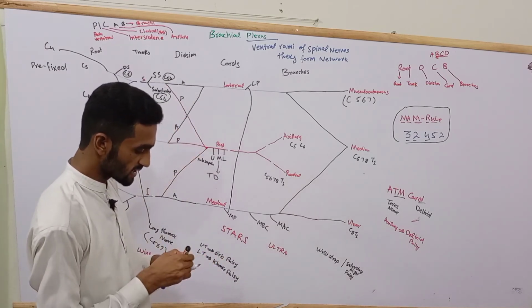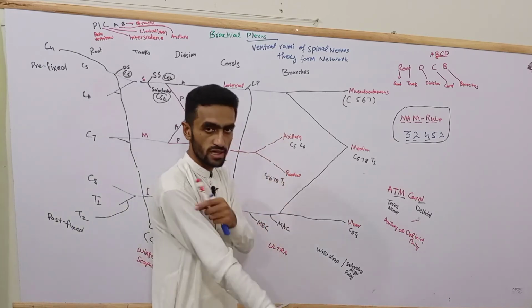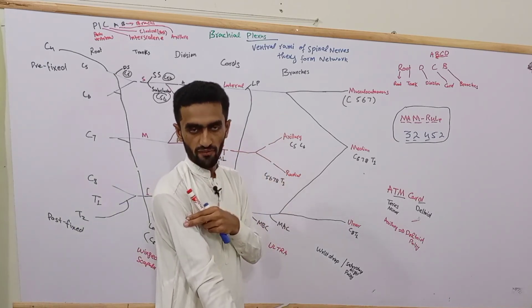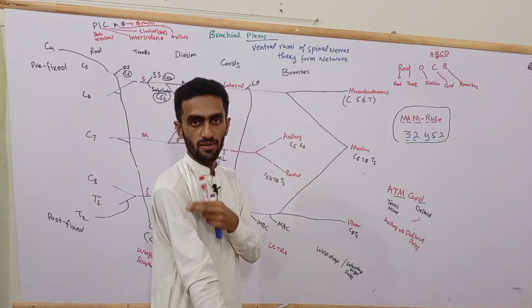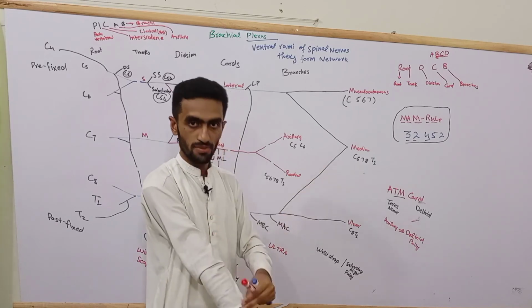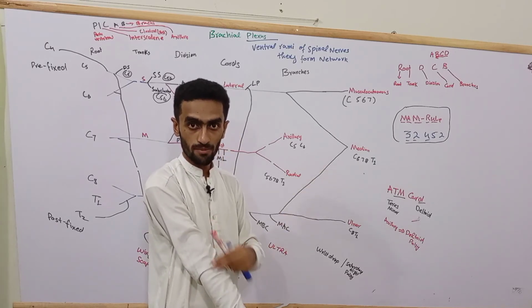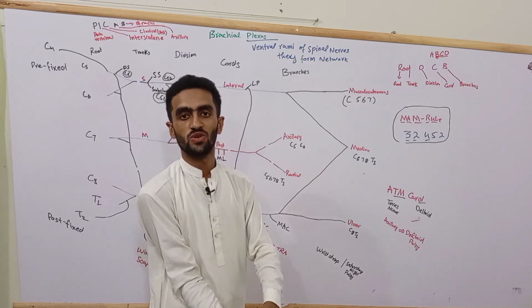So actually what will happen in the injury of musculocutaneous? Simply put, musculocutaneous is for the flexor compartment of your arm, the median is for the flexor compartment of your forearm, and the ulnar is for your hand.